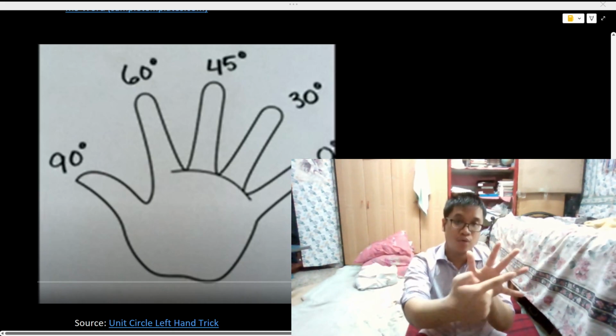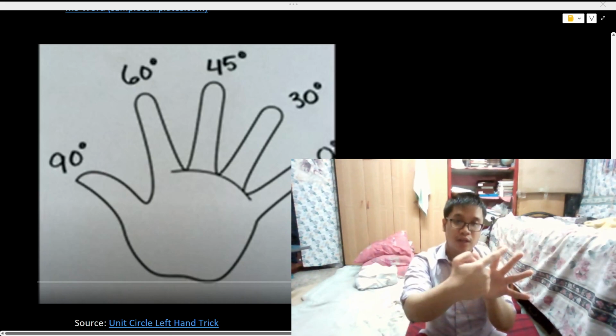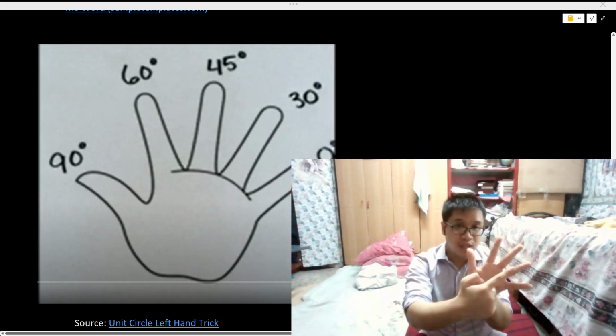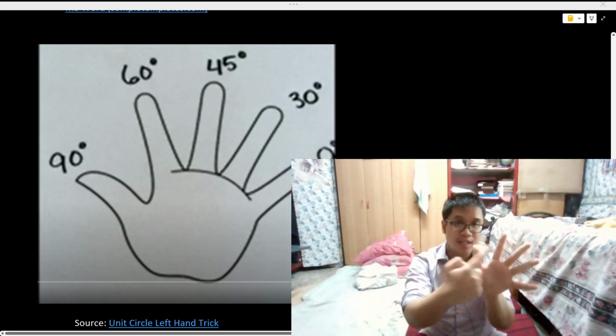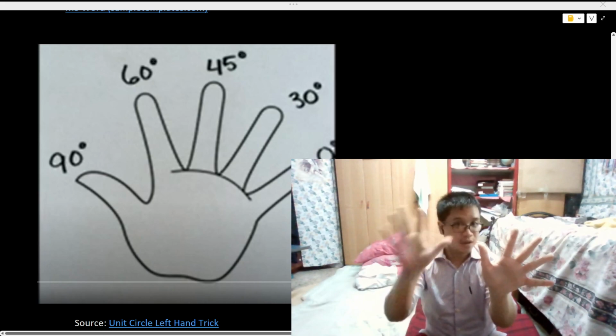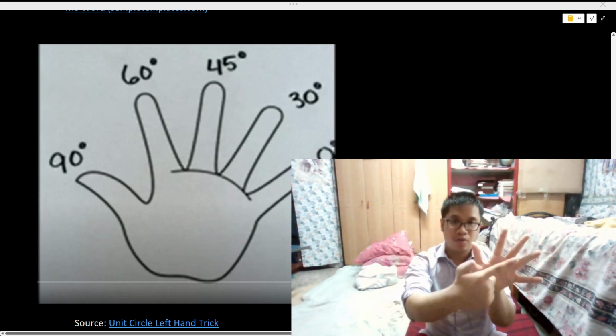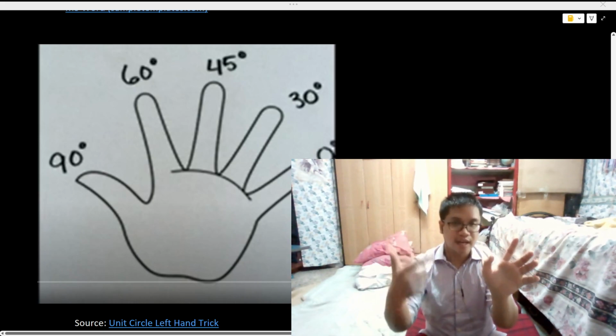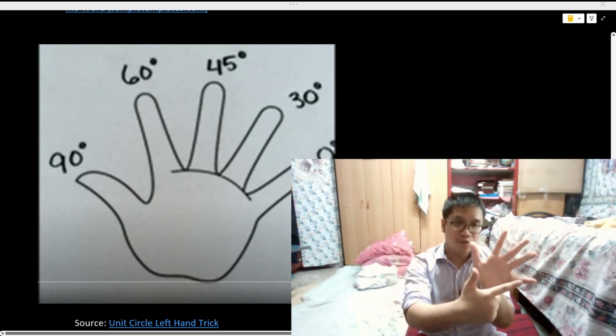So 0, 1, 2, 3, 4. Remember that this is 0 degree, this is 30 degrees, 45 degrees, 60 degrees, 90 degrees. So again, 0, 30, 45, 60, 90. And if you're looking for the sine, what to do? Count 0 to 4.